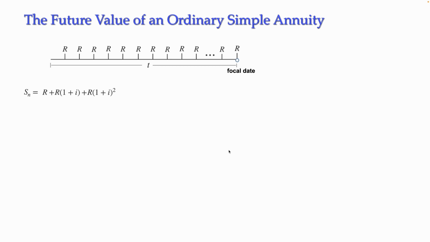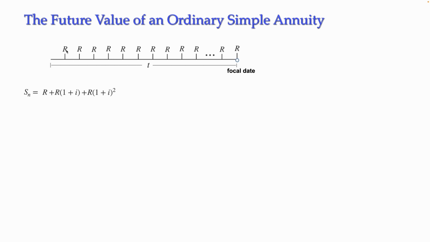And we can continue finding the value of each of these payments until we get the value of the last payment. The value of each of the payments at the focal date will be R multiplied by (1+i), where i is the periodic rate of interest, to the power of the number of periods between the payment and the focal date. The last one actually is the first payment of the annuity.